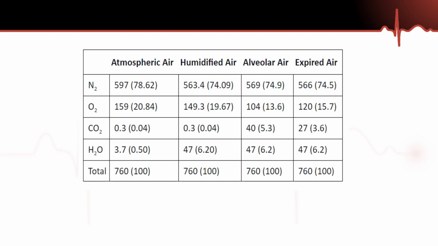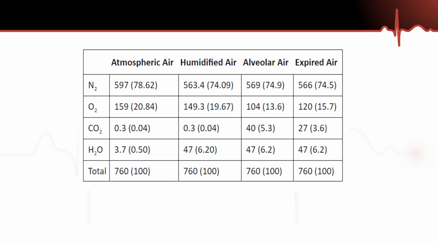So it only makes sense that throughout the respiratory system, the respiratory tract, there's a lot of fluid, a lot of water vapor within there. So the point is, as the air moves from the atmosphere into the lungs, a lot of that water vapor, a lot of that water in the form of a gas, moves into the air that's coming in from the atmosphere. We say that atmospheric air gets humidified as it enters into the lungs.